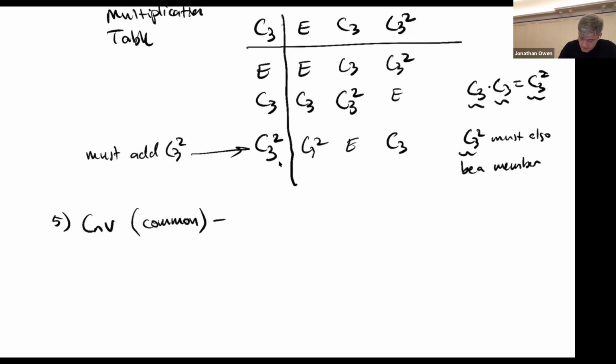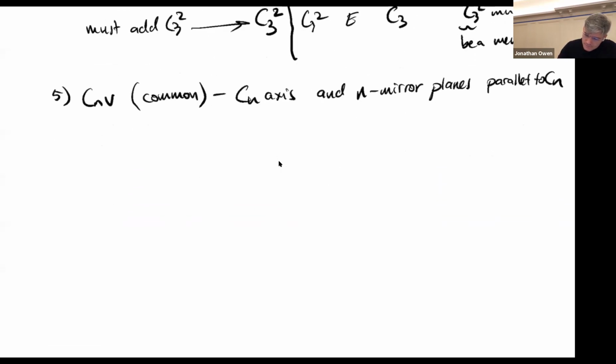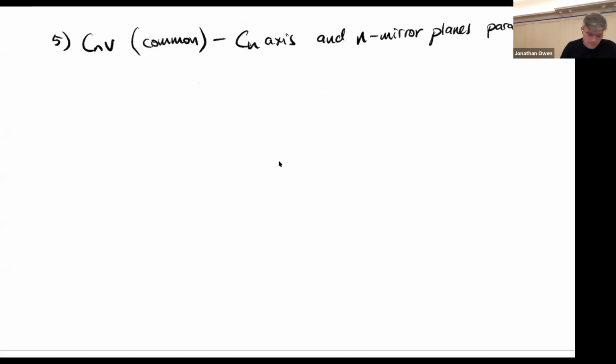CNV has a CN axis and N mirror planes parallel to CN. My PhD advisor used to say, when in doubt, just guess C2V.